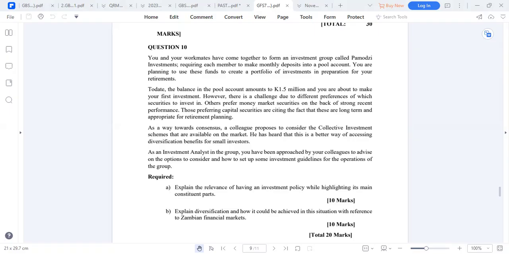Part B of the question is asking us to explain what? So have we gotten the parts that I explained, the key parts of the investment policy? Is it clear? The key parts?